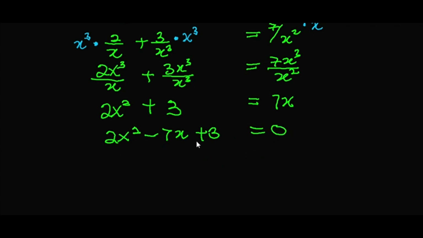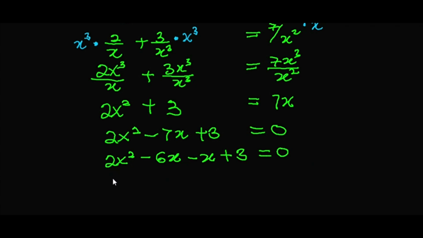So we are going to factorize. This is a quadratic equation and we need to factorize it. In factorizing it, we have 2x squared, and let's split the middle term into minus 6x minus x, since minus 6x minus x gives us minus 7x. Right, so plus 3 equals 0.